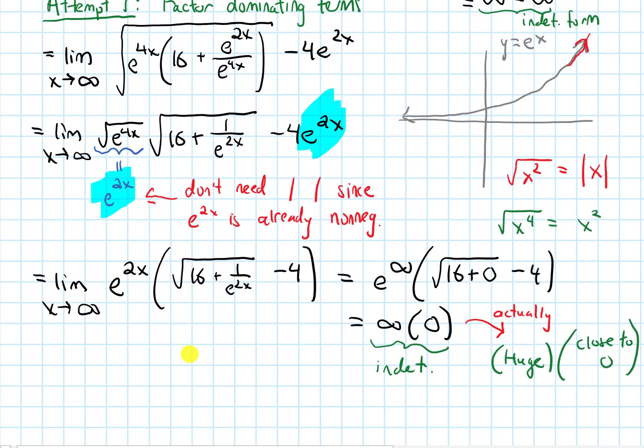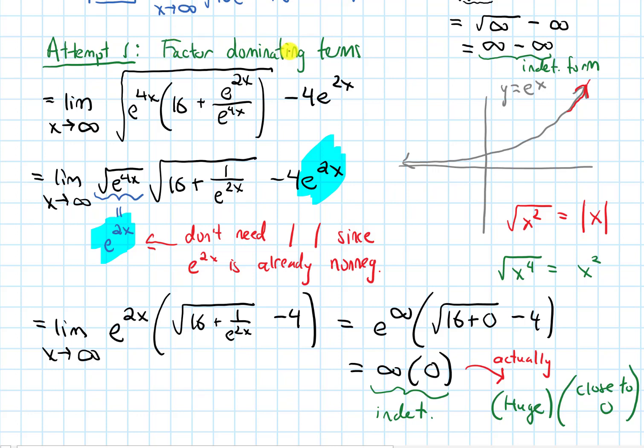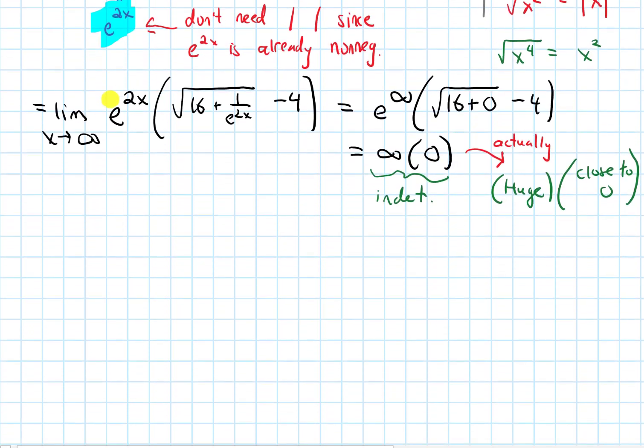Okay, so unfortunately, we factored out this dominating term, and we got it to a point where I have infinity times 0, which is indeterminate, which means I'd have to simplify, but we were kind of simplifying. So this leads me to a dead end. So let's try this in a different way. All right, so I'm going to call this attempt 2.